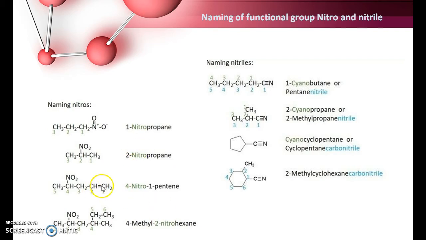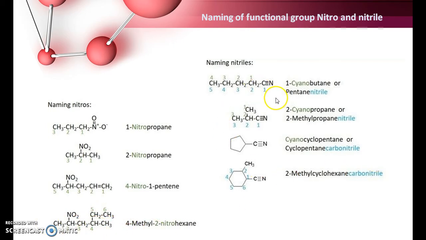So with respect to this, you have to give the numbering. The nitro acquires a position of 4, so 4-nitro. Since the system is made up of 5 carbon atoms, so pent, and you are having a basic functional group of double bond, so pent-1-ene. And similarly here 2-nitro and 4-methyl, that is 4-methyl-2-nitrohexane.